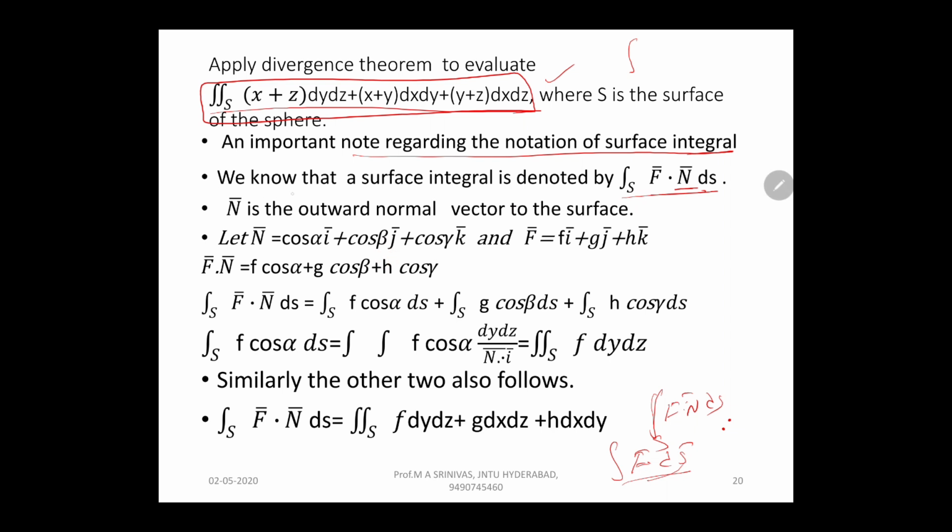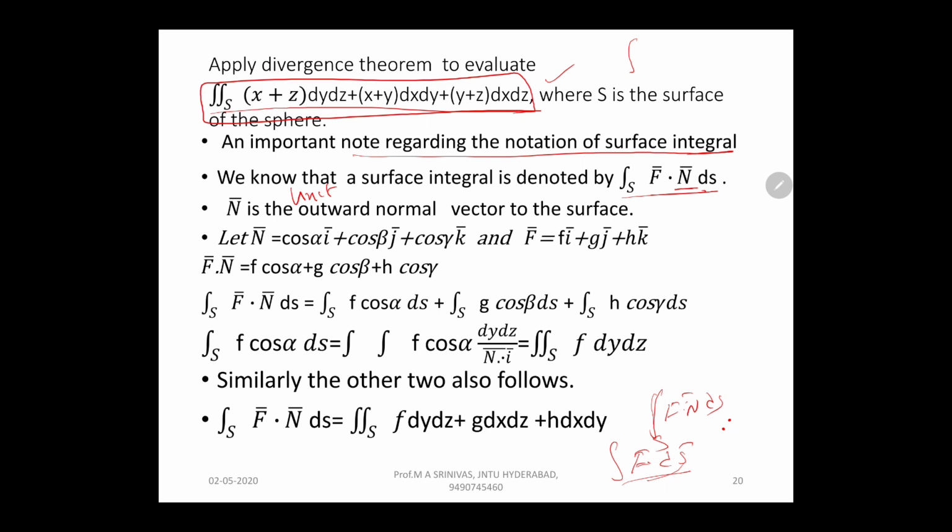I forgot to write the unit here. For the DCs of a line, l square plus m square plus n square is equal to 1. As per the definition of DCs in three dimensions, if a line makes angles alpha, beta, gamma, then cos alpha, cos beta, cos gamma are the DCs. So the DCs of a line are the components of the unit vector.